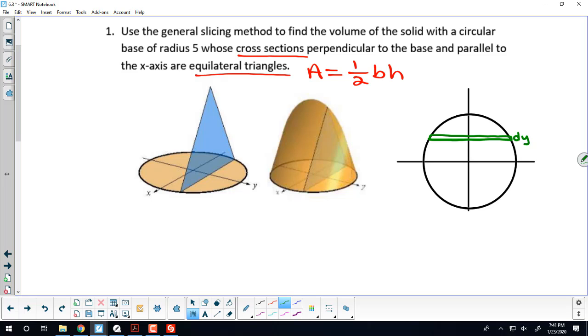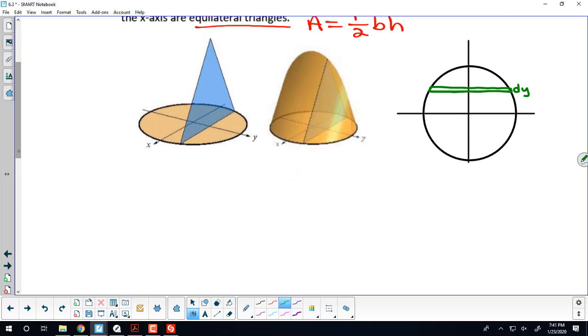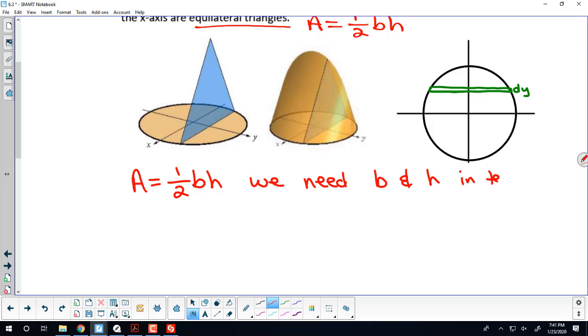Okay. So we know the cross-sectional areas are 1/2 base times height. I'm just going to rewrite it here. For this, we need b and h in terms of y.